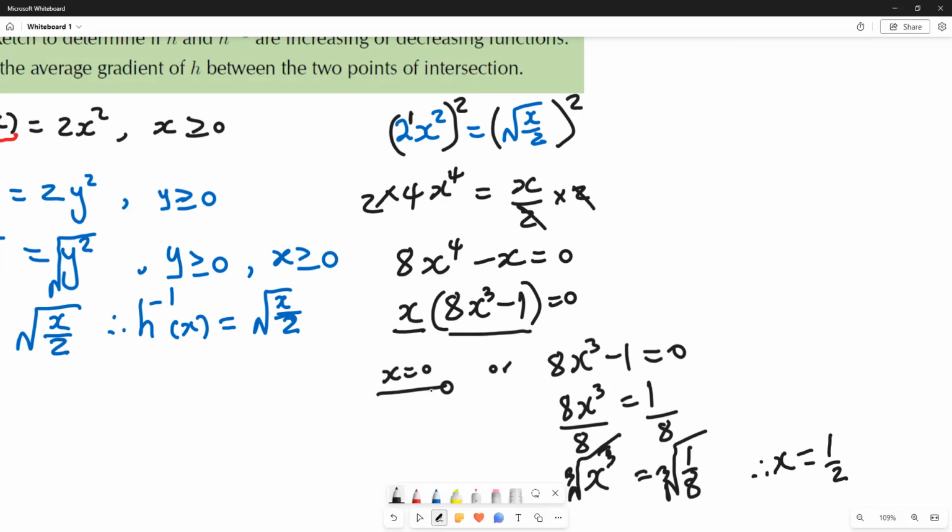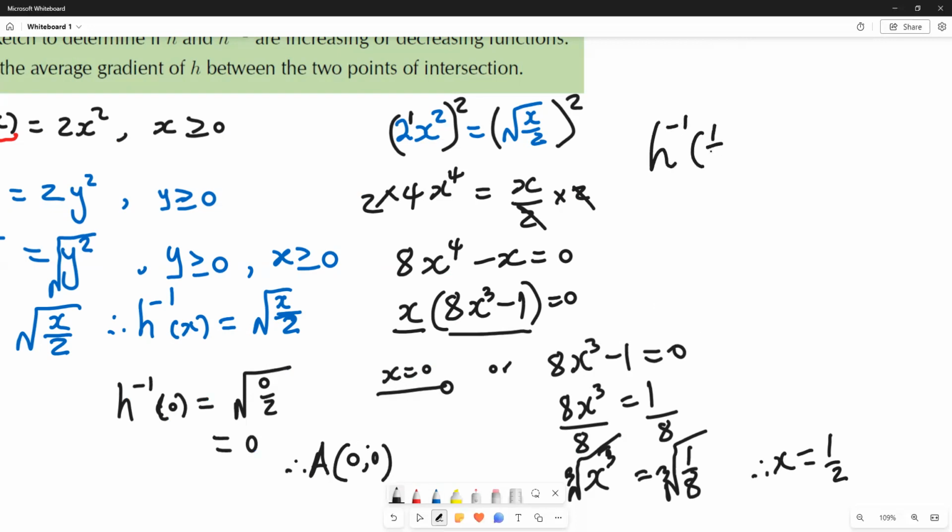We need to find the y values. I can substitute here to get my y values. So let's see, I have h to the power negative 1, and then 0 now. I need to know the y value when x is 0. So 0 over 2, the answer is 0. So this point, I'll call it point A. Therefore, the first point, the x is 0 and the y is also 0. Now, that is the first point of intersection. For the second one, I'll substitute the half into the inverse, which gives us half divided by 2.